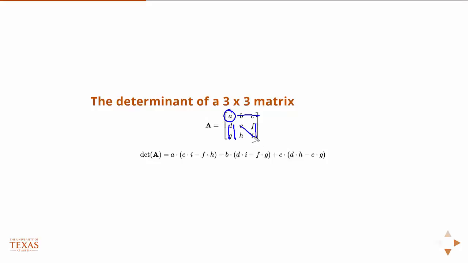So then that's E times I minus F times H, right? So then the subtlety is there's a minus sign here, so they alternate, minus plus. There's a minus sign there, right?